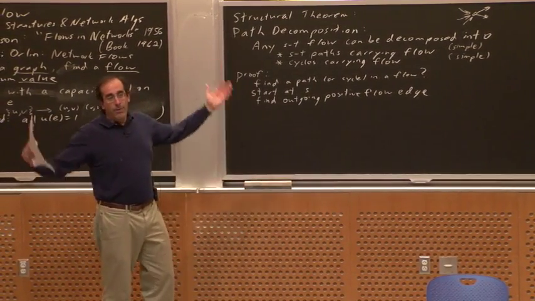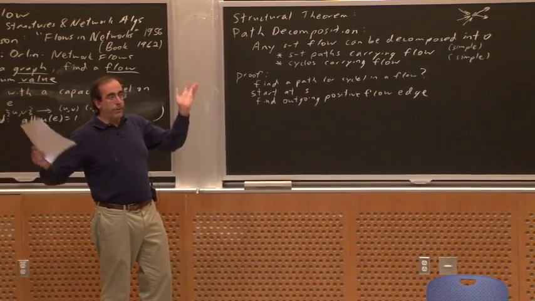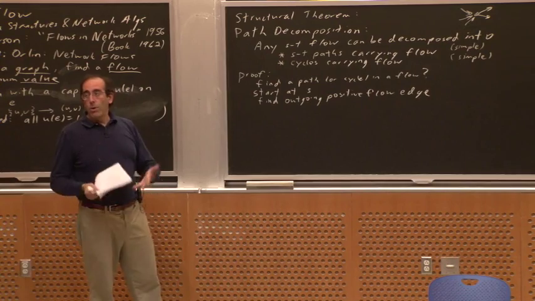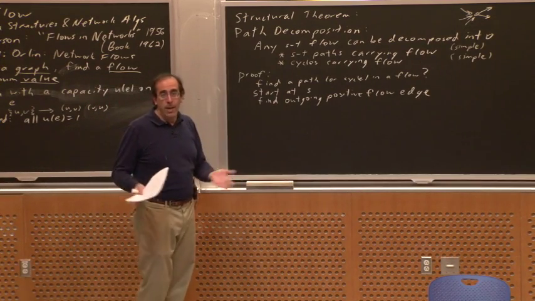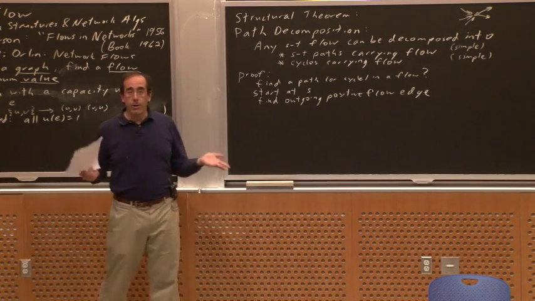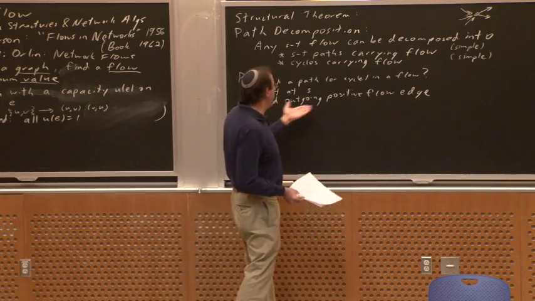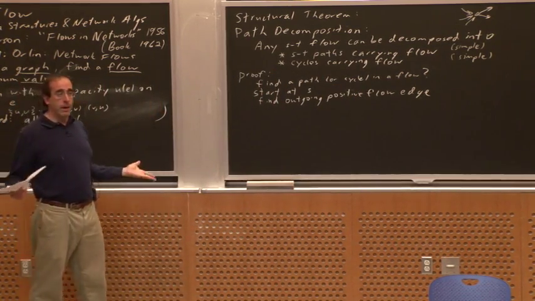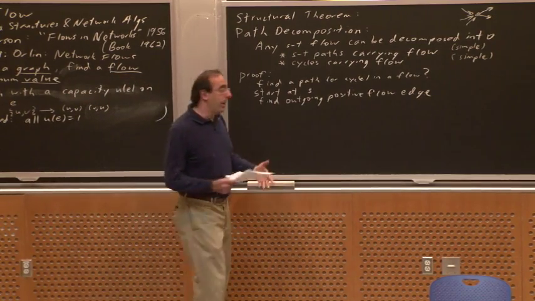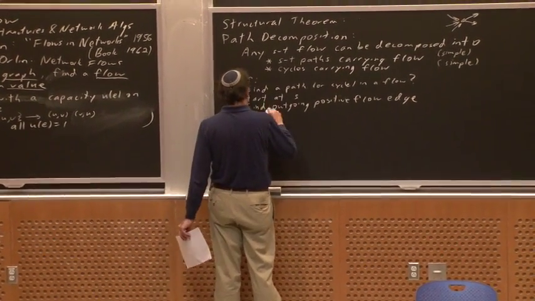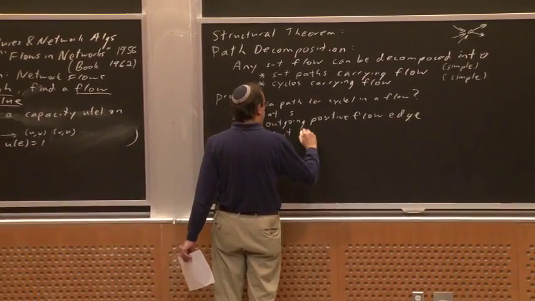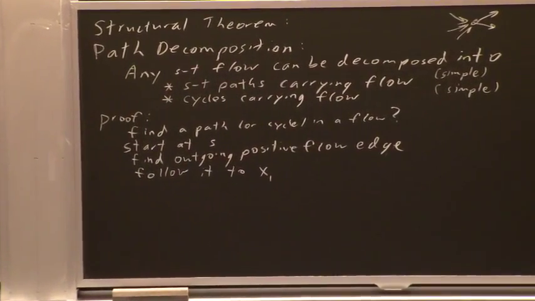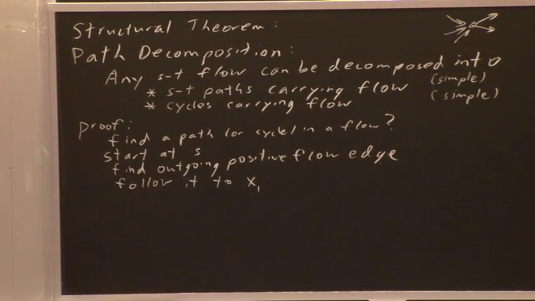I mean, you may have some negative values going out of the source. I don't know why you would, but it could happen. But as long as the total flow value is positive, there has to be some edge contributing positively to the outgoing flow. Okay? So we can do this. We can find an outgoing positive flow edge. So what should we do when we have that outgoing positive flow edge? Well, follow it to some vertex x1. Okay. Now what do we do?